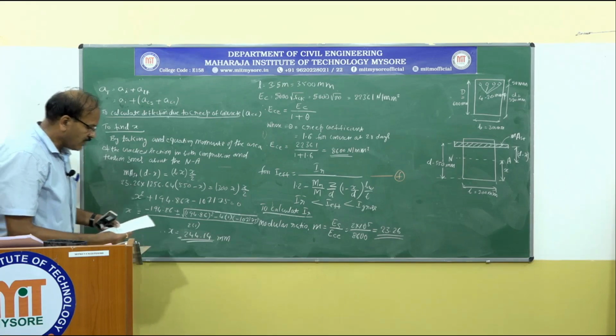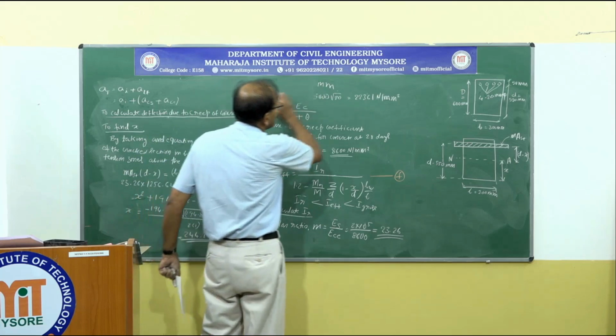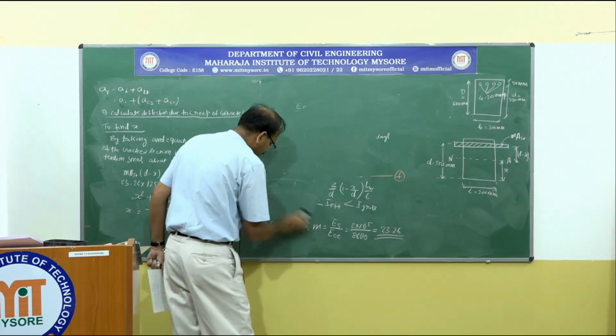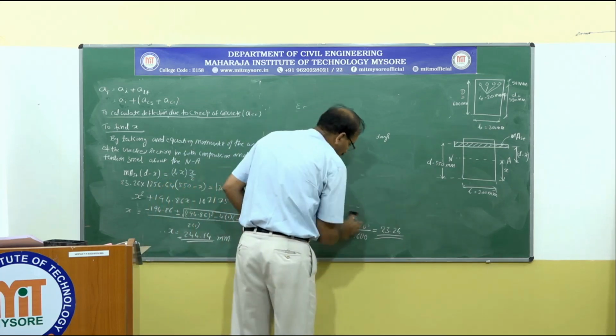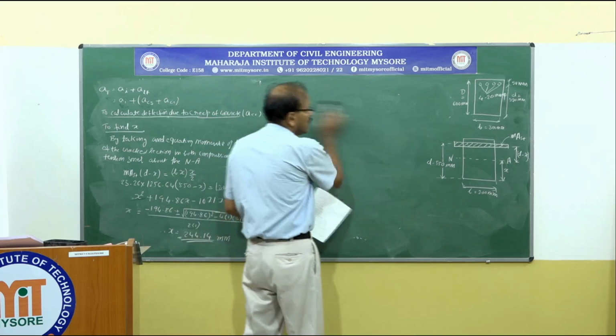So once we know x, the next step is to find out Icr value, that is the moment of inertia of the cracked section about the neutral axis.